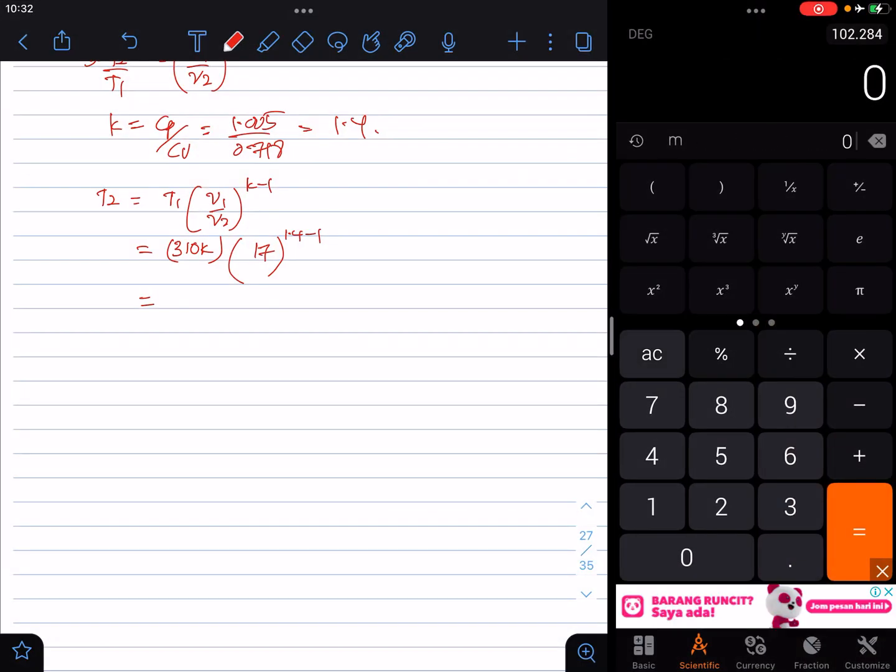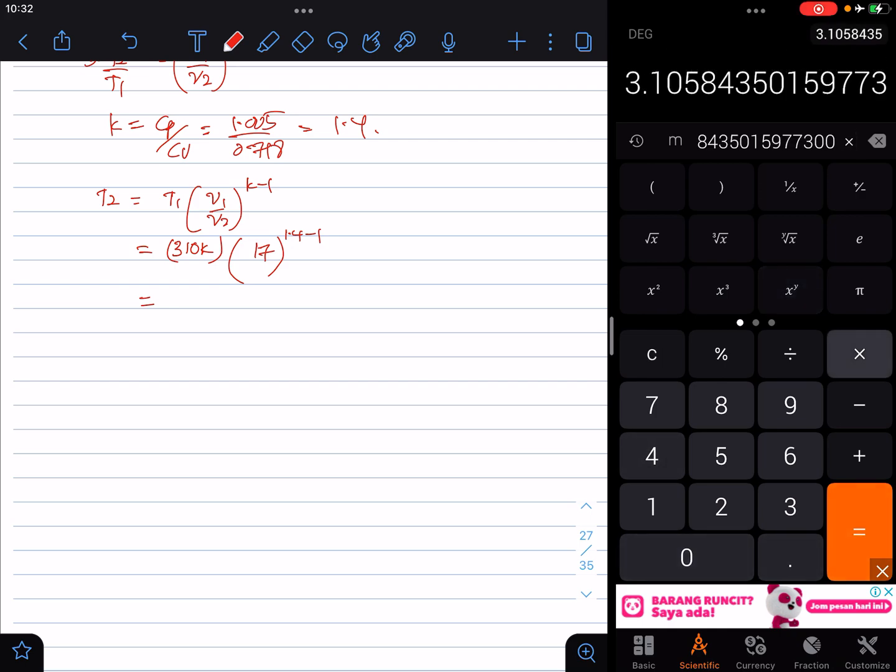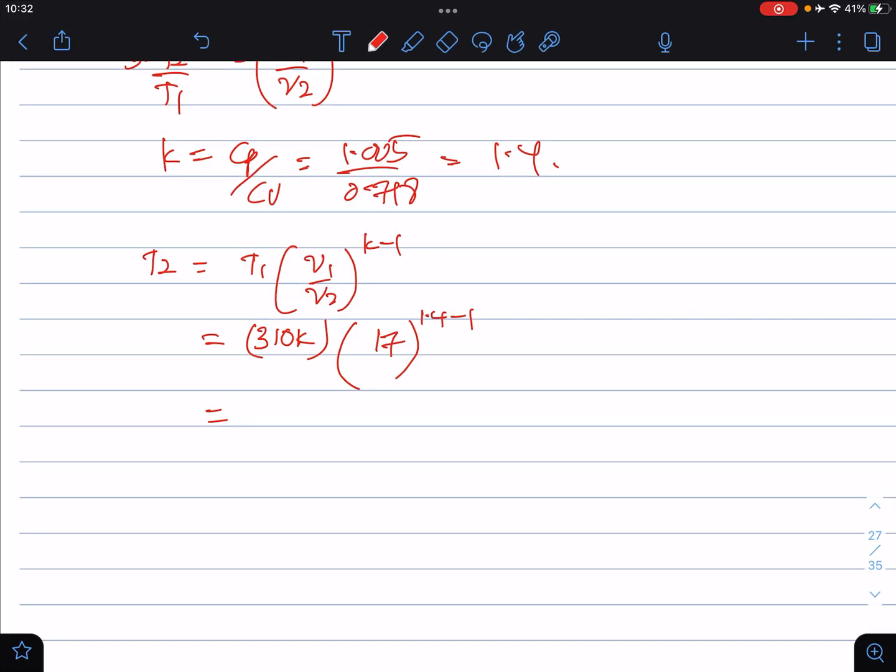So we have 17 power of 0.4 multiplied with 310, and you get 962.8 Kelvin. Make sure you maintain 4 significant figures here.